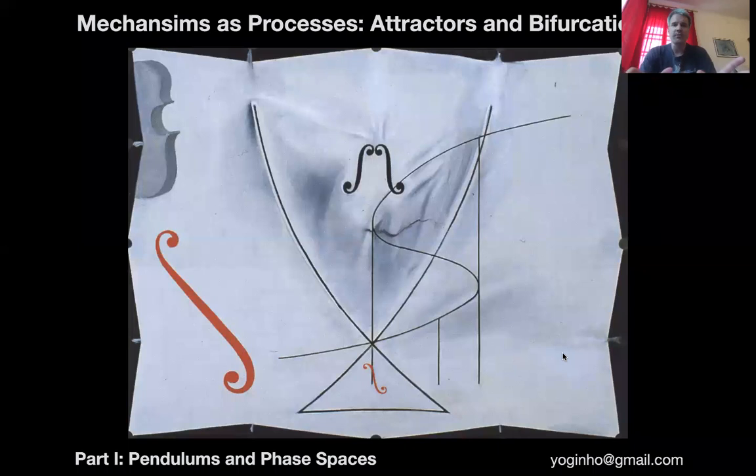In this module, we're going to dive into the theory of dynamical systems, and we're going to introduce its basic methods and its basic concepts that you can use as conceptual tools to understand the dynamics of a process.